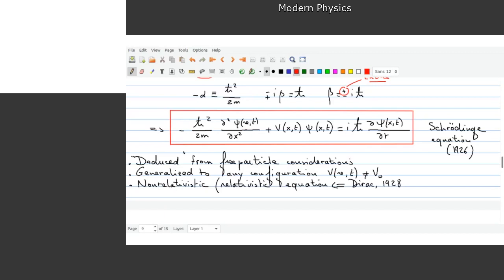We won't get more rigorous. Also I have to say that it is a non-relativistic wave equation for the matter waves. The relativistic equation was deduced by Dirac a few years later, in 1928.